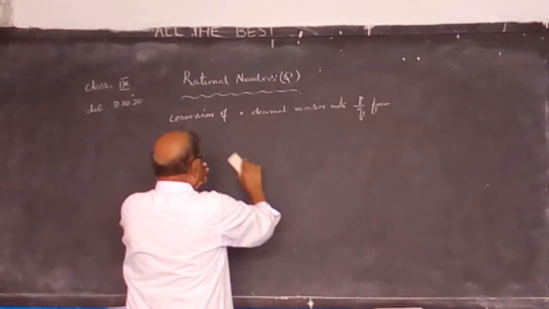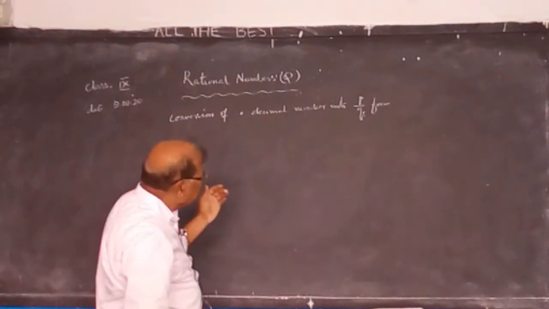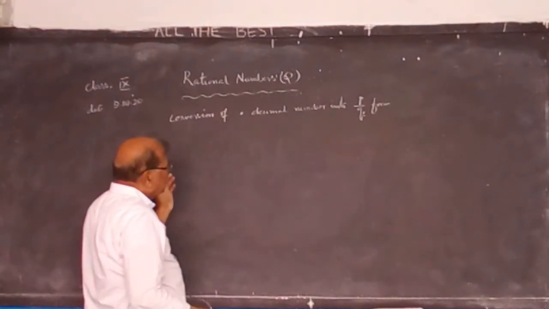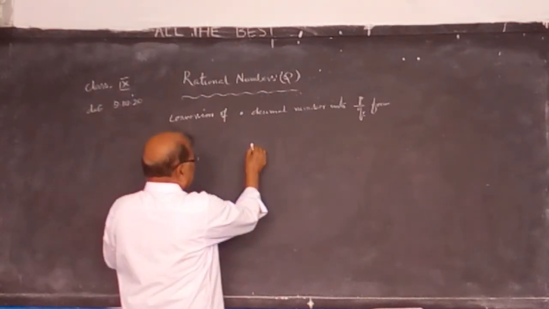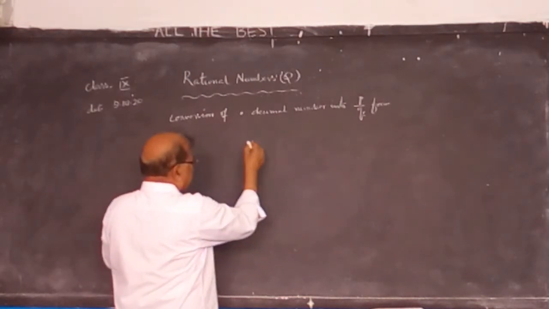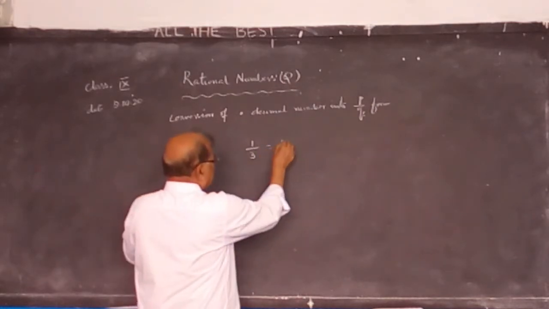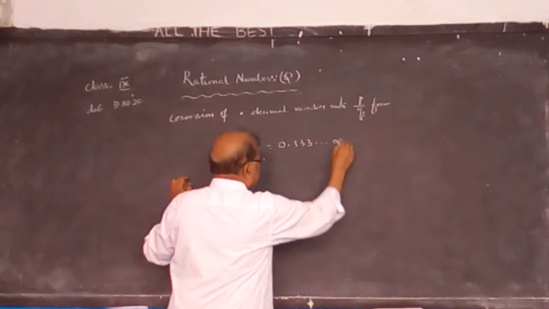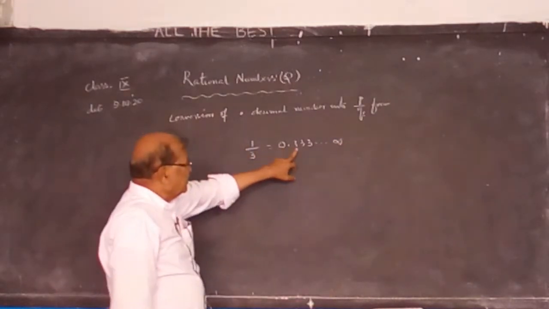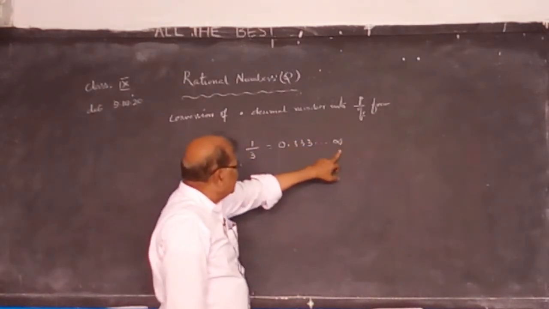This is terminating. Suppose it is recurring and non-terminating. For example, you take 1 by 3. 1 by 3 is equal to 0.333 up to infinity. So this is recurring and non-terminating.